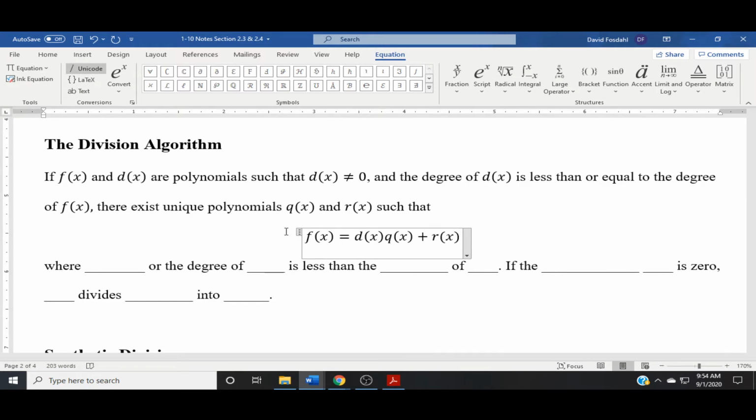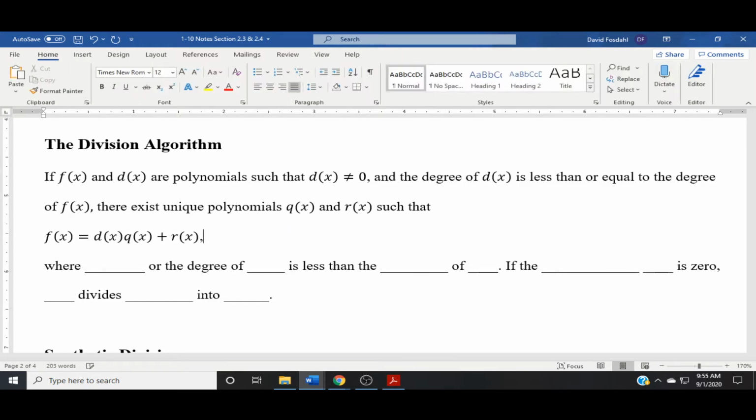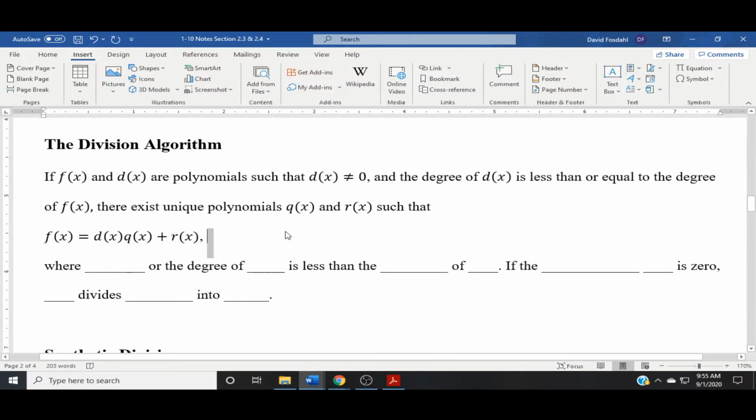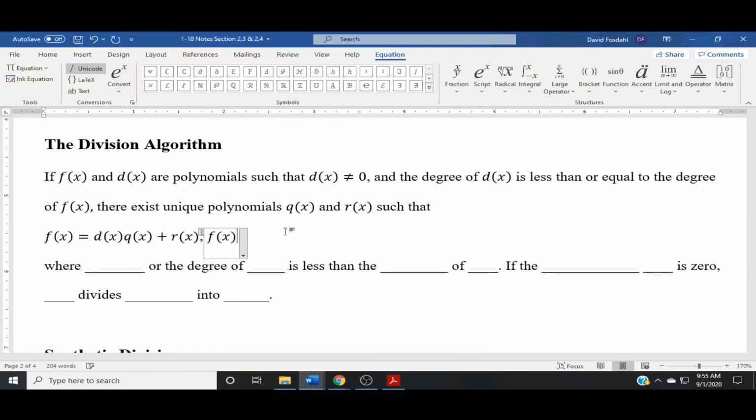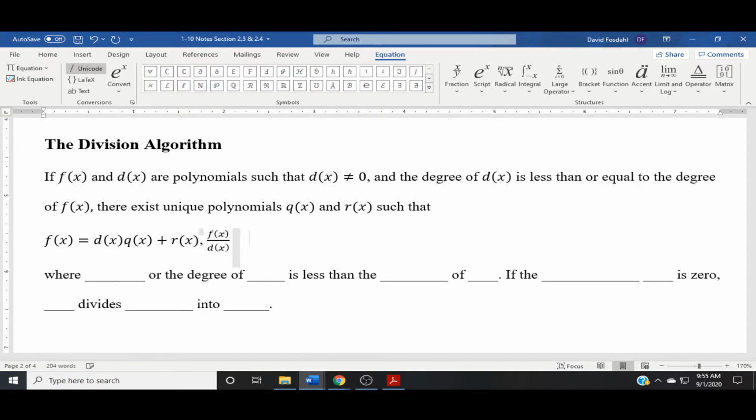Or, you could say it differently. You could say f of x divided by d of x equals q of x plus r of x divided by d of x.